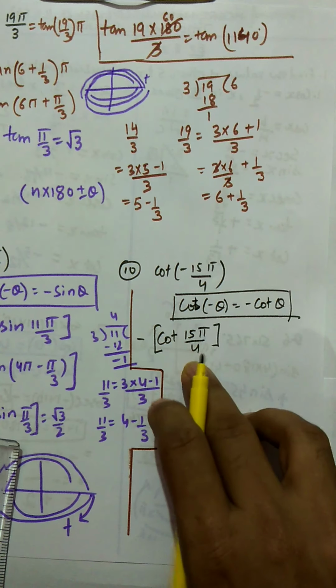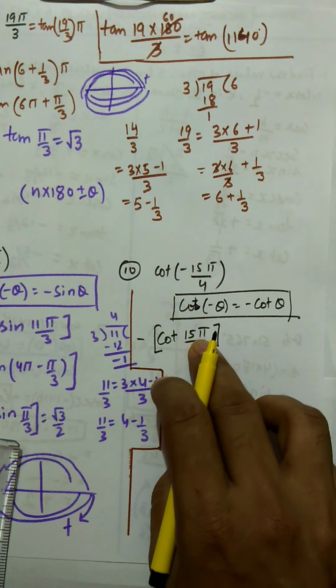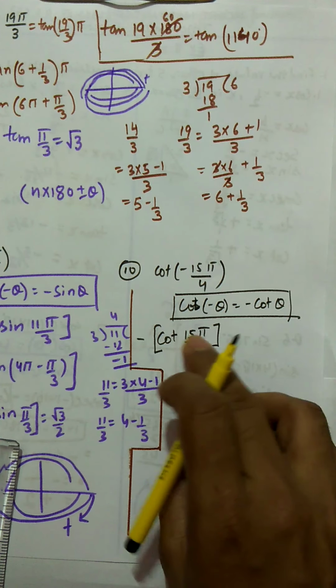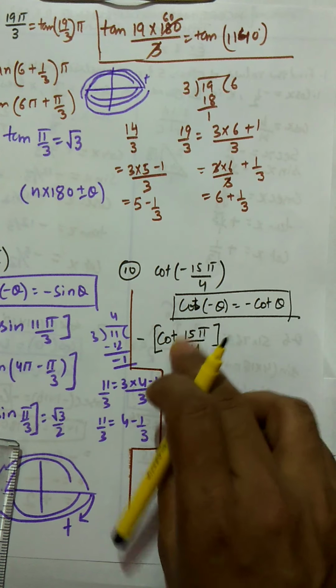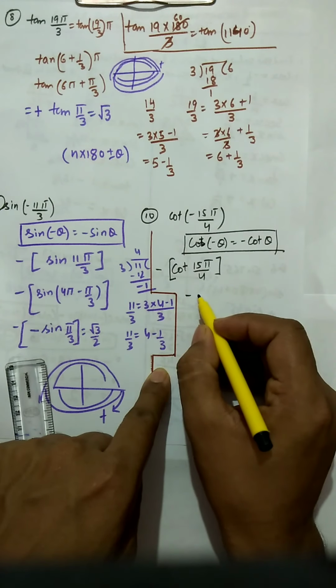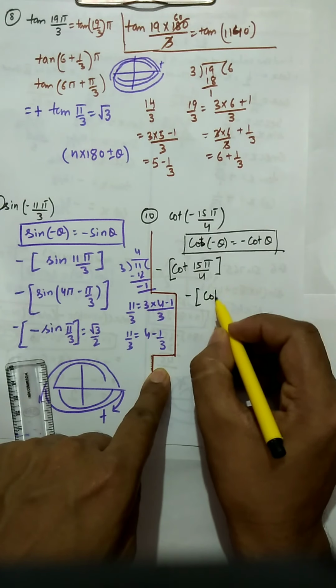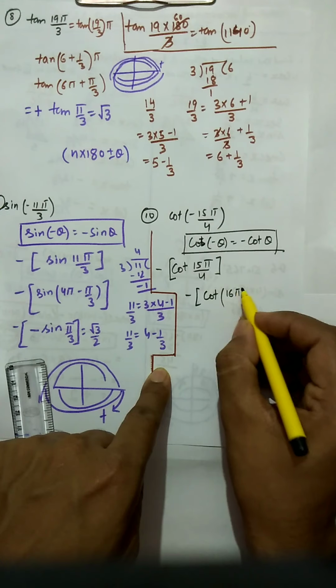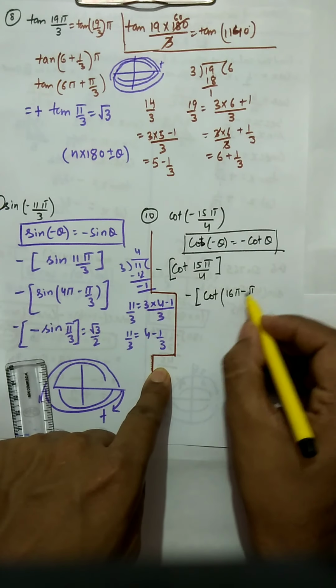Now you again have this choice whether you multiply 15 by 180 to convert that into degrees, it's your choice. So this can be written as, now cot 15 pi, we can write 15 pi as 16 pi minus pi upon 4.